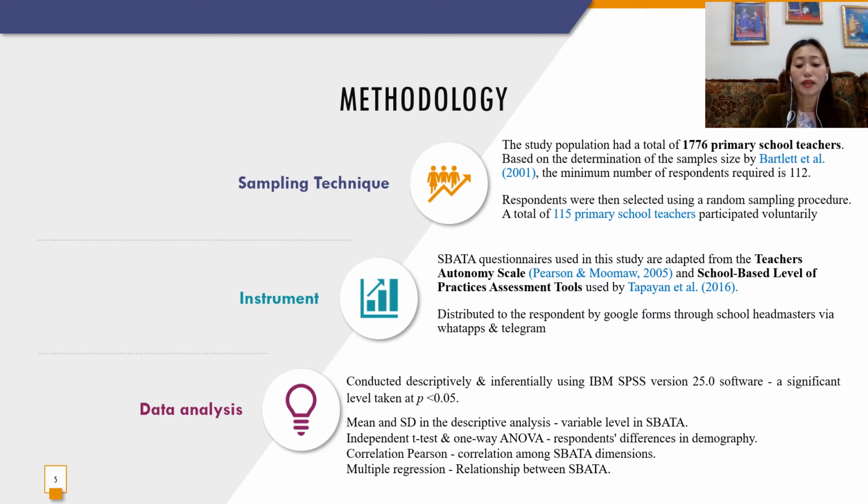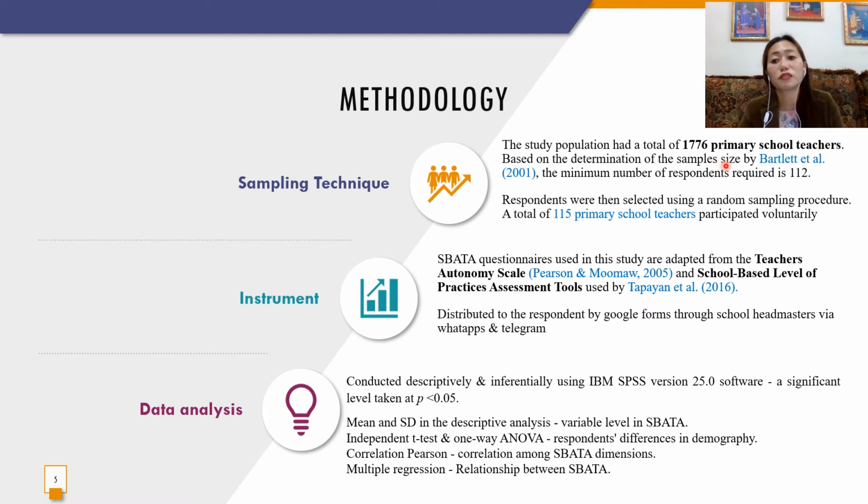This study was done using a quantitative approach with surveys as the data collection technique. The study population had a total of 1,776 primary school teachers. Based on the determination of sample size by Bartlett et al., the minimum number of respondents required is 112.